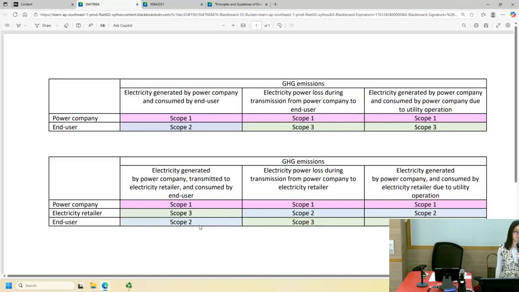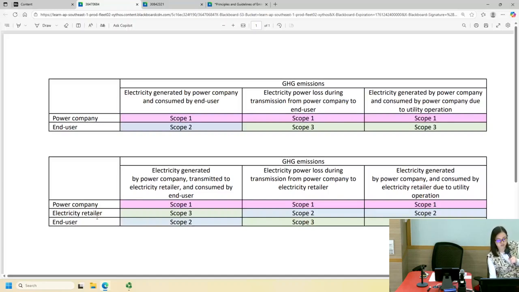And next, there will also be some electricity power loss during the transmission from the power company to the electricity retailer, like from Daya Bay to the CLP distributor. These emissions are due to the electricity generated in the power plant. So if you are reporting for the power company, then definitely also scope 1.